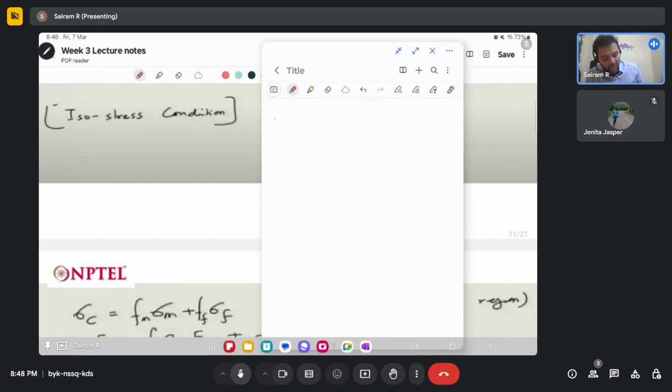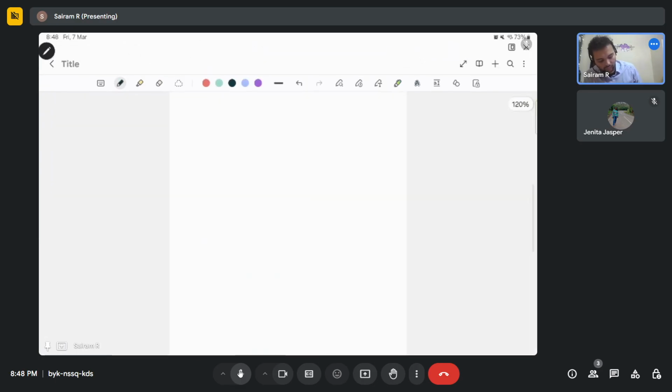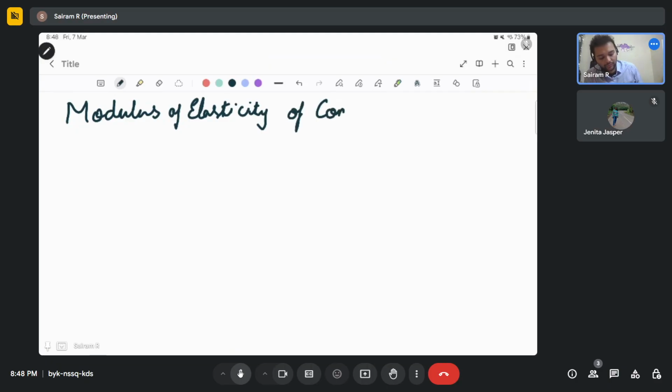So when we are talking about the modulus of elasticity of composites, we have two major conditions.